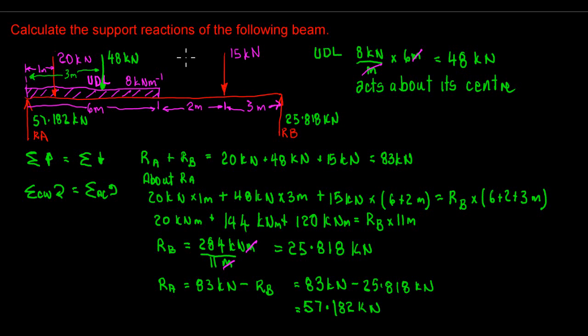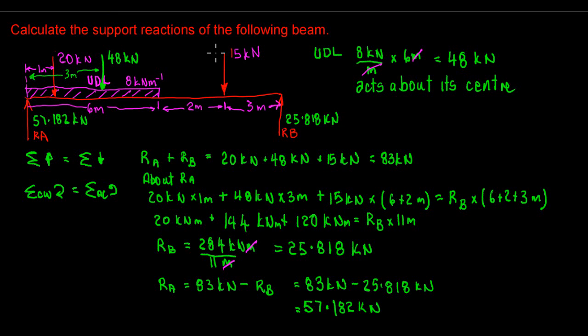So that just gets treated as a point load, acting about its center 3 meters from A. And I've put that up here, acts about its center, 48 kilonewtons. So that's the UDL dealt with now.